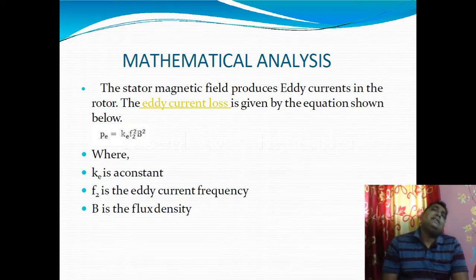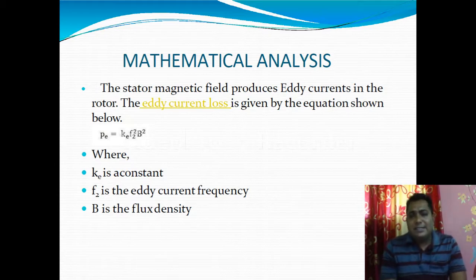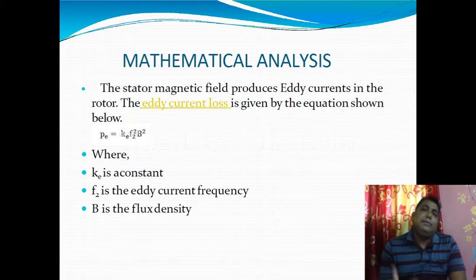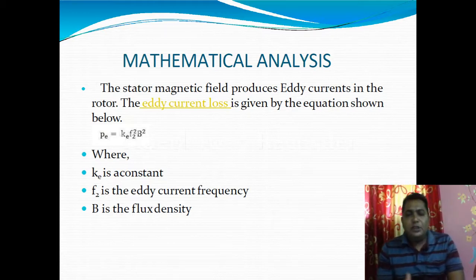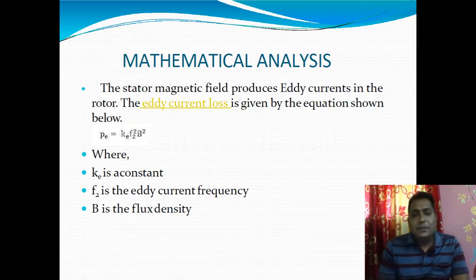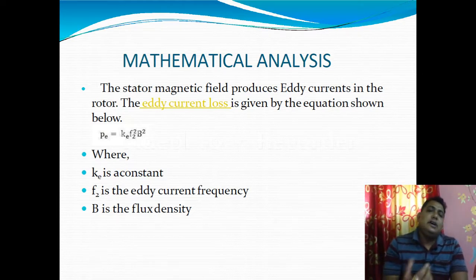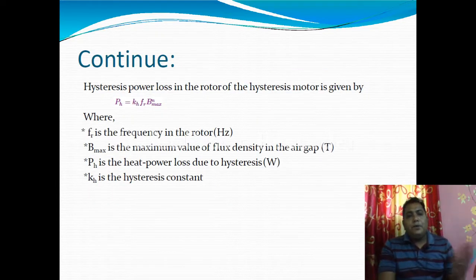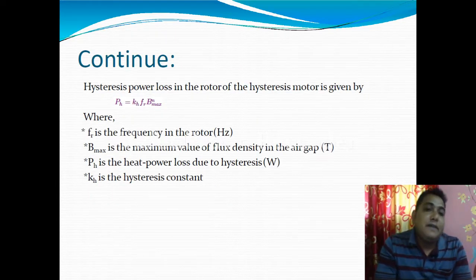So the torque of this hysteresis motor depends upon the flux of the stator phi s, the flux of the rotor phi r, and the angle delta between these two fluxes. That is the torque equation. As we can see in this slide, this is the eddy current loss formula. These are the two formulas. Now the power formula for hysteresis power loss.